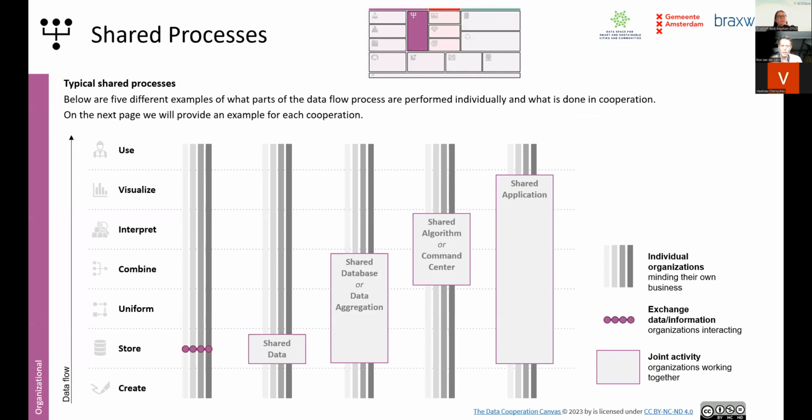And when you look at the structure, you always see the flow from the creation of the data, through how you make it accessible and store the data, the uniformation of the data, so that it fits together technically, how you can combine it, how you can interpret it or make it visual, and then use your data.